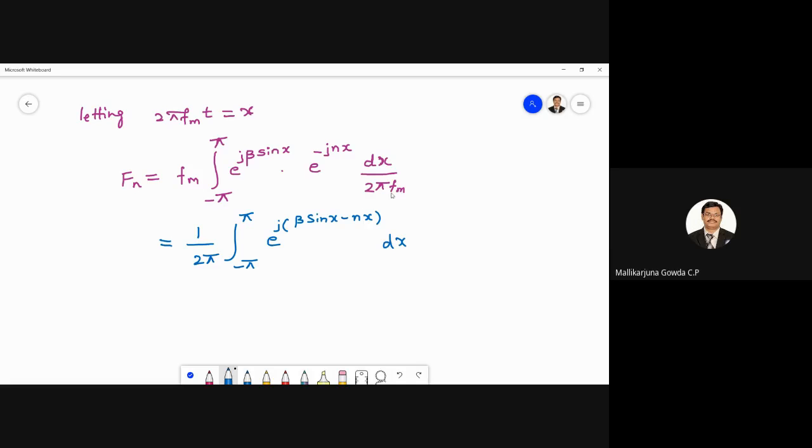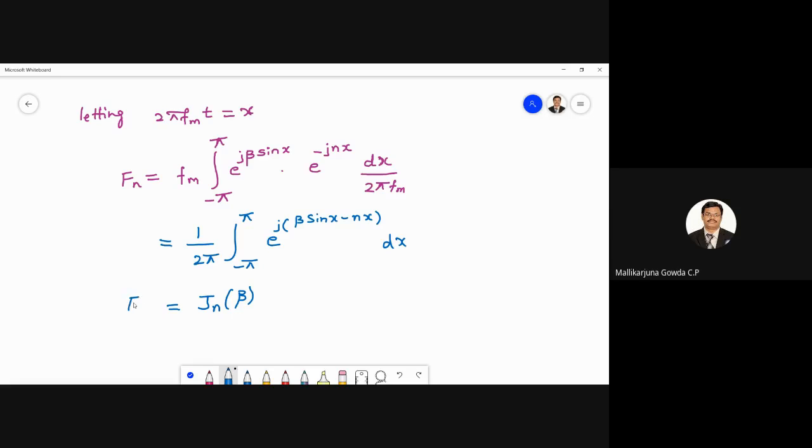I cancel fm and fm. Have I come across this type of expression anywhere? This we call Jn of beta. This is the Bessel function of the first kind and nth order, with the argument beta.